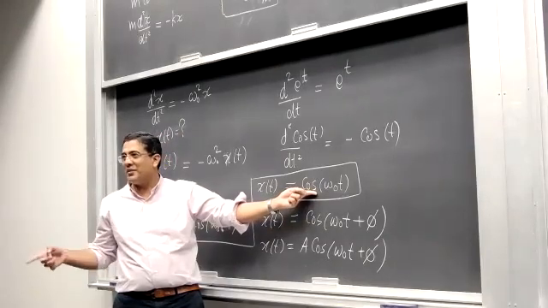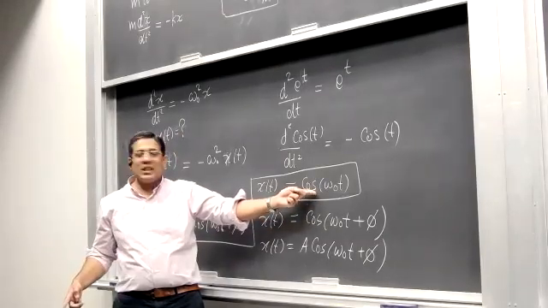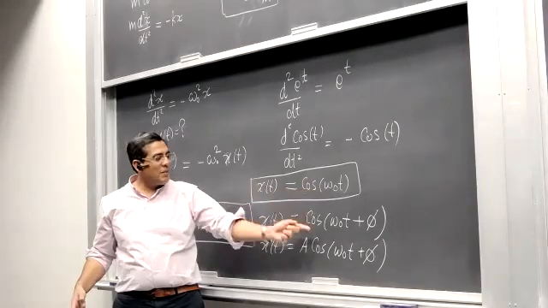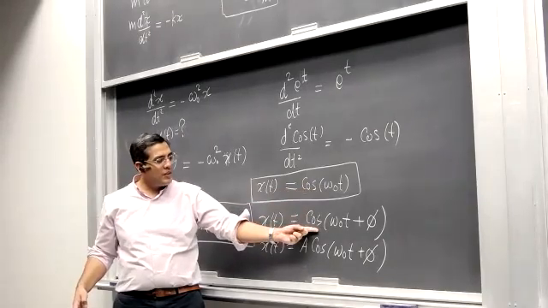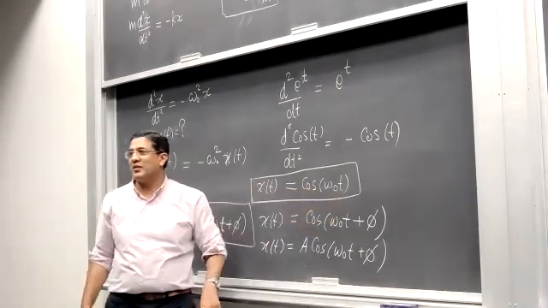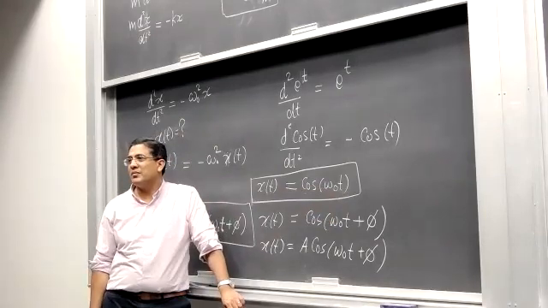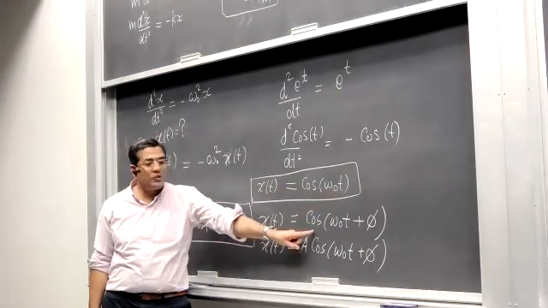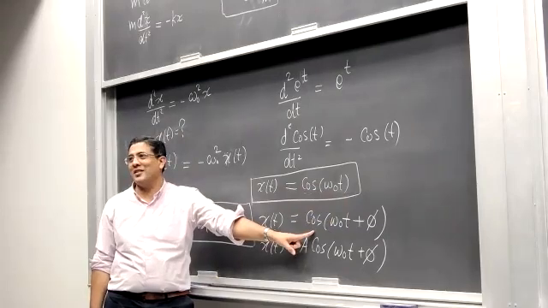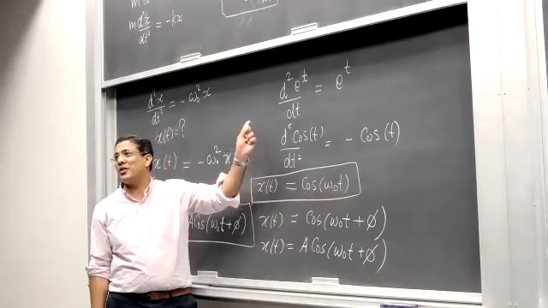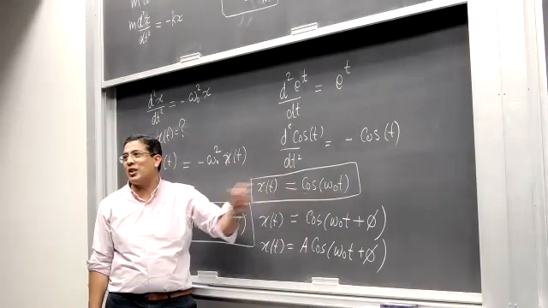Once you agree with that, now tell me what is the problem with cosine omega naught t plus phi? It's an equally good choice. That's all I'm saying. It satisfies the equation as well as cosine omega naught t.